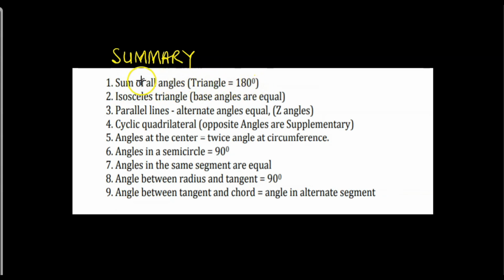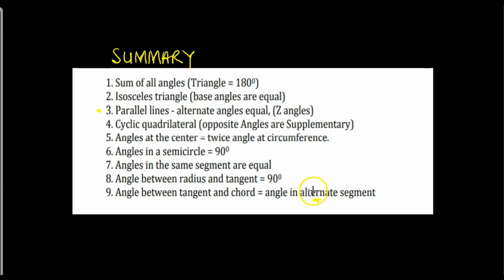You are going to need it when we start solving questions on circle theorem. Then you have the isosceles triangle theorem, whereby the base angles are equal in size. Then parallel lines: when it comes to parallel lines in circles, the alternate angles are equal, which is the Z angle. Remember, this is different from the alternate segment theorem.